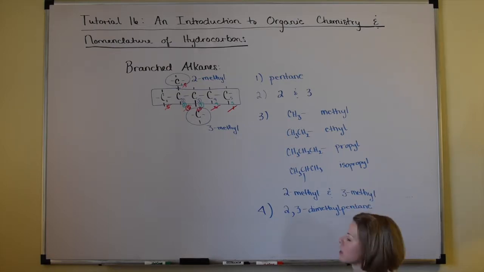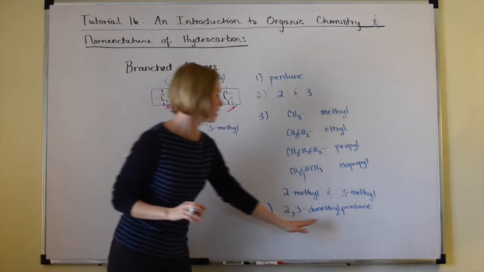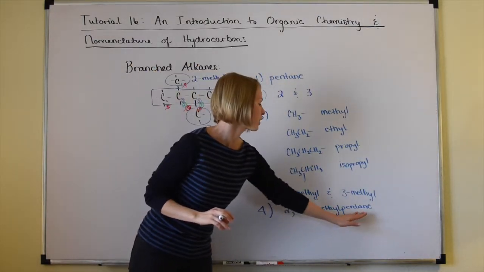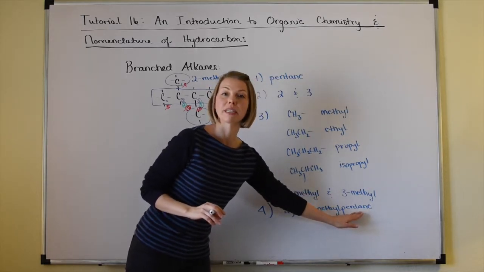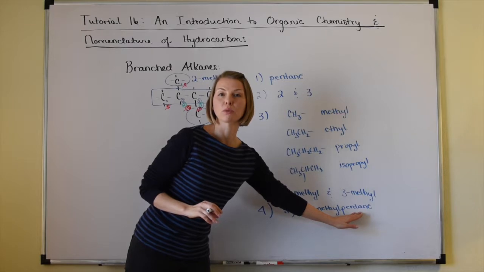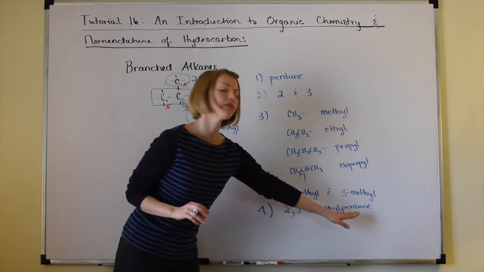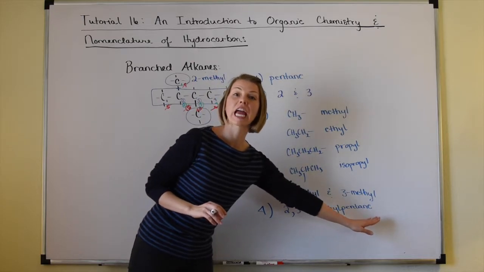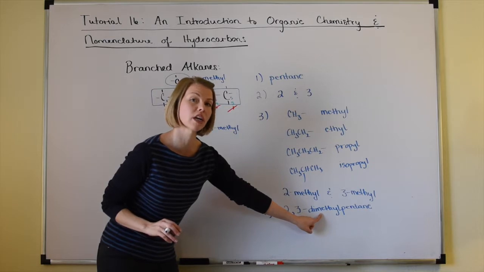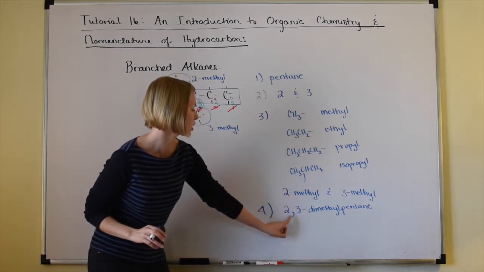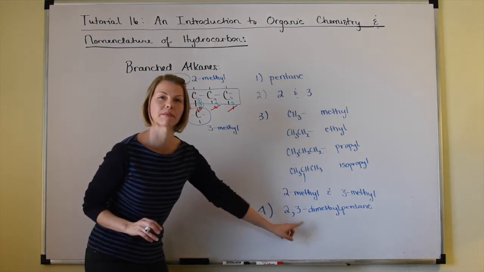Okay, so again, just to really reinforce, this tells you that there is a parent chain of 5 carbons with single bonds between them only. It's an alkane. Off of that 5 carbon chain, there is a 1 carbon, because it's a methyl, a 1 carbon branch at the 2 position and a 1 carbon branch at the 3 position.